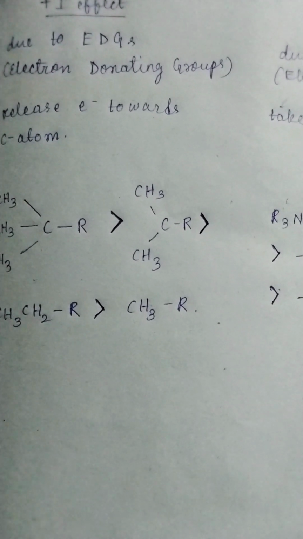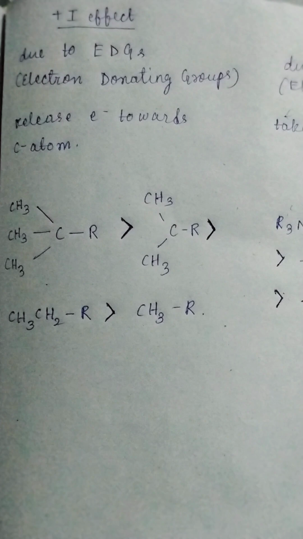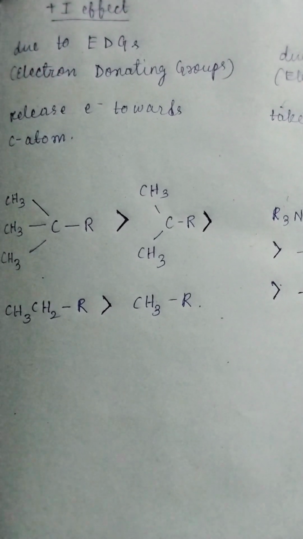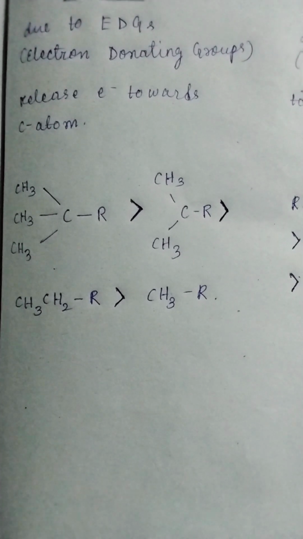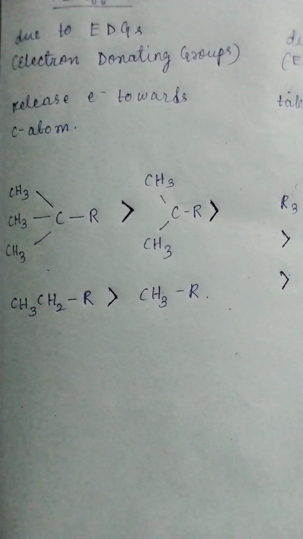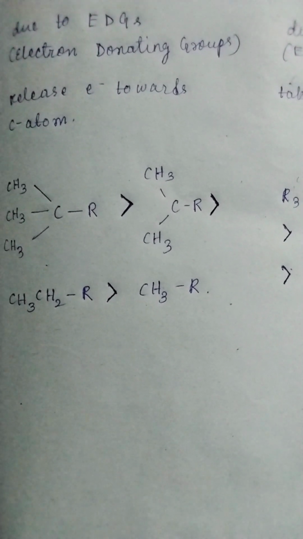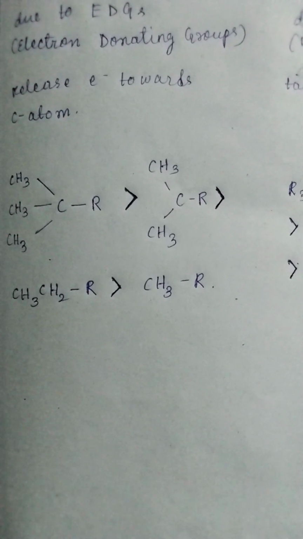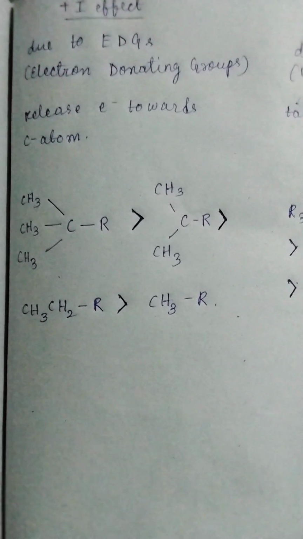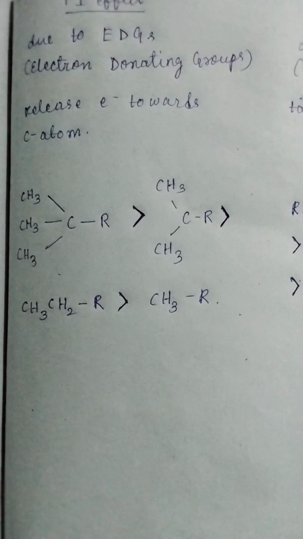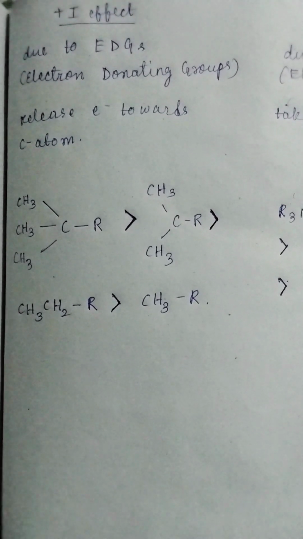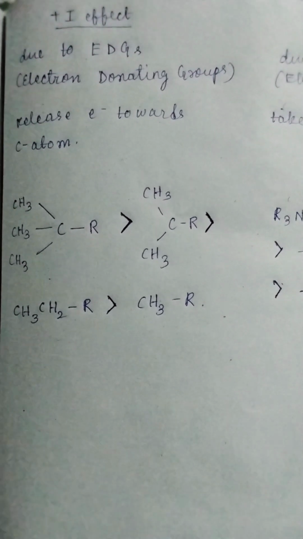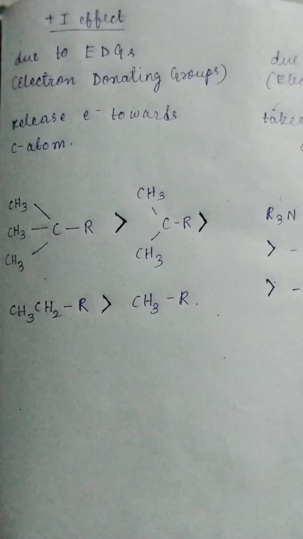All right. So you can relate this with your daily life, with the carbon being very poor and this EDG group being very generous and kind hearted. So it basically gives money. Electron is the money over here, so it gives so much money to the poor carbon atom.